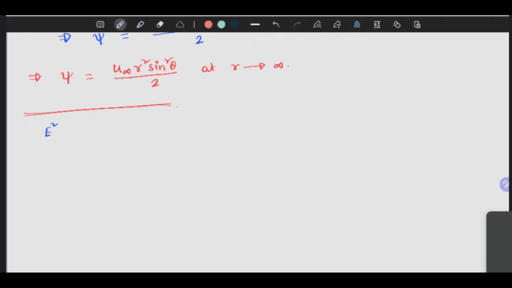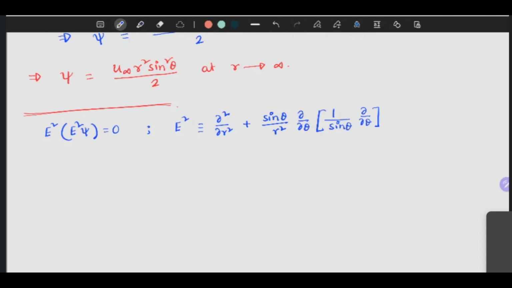E square is the Laplacian, and E square in spherical coordinates is del squared by del r squared plus sine theta by r square del theta of 1 by sine theta del theta.